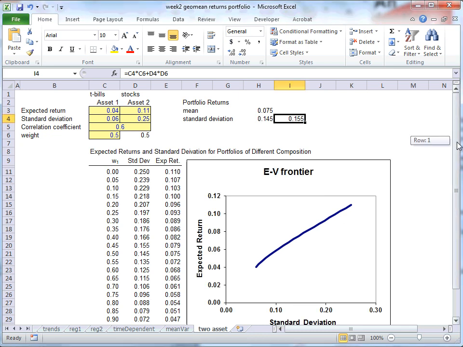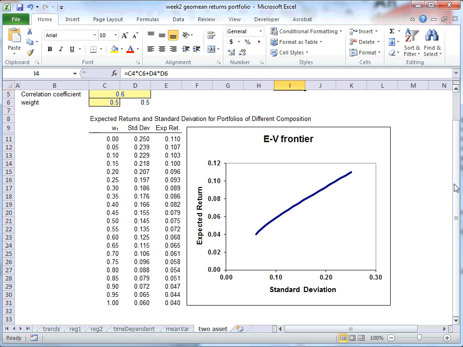I am now going to illustrate the calculation of this graph. Now note a couple of things here. Standard deviation is on the bottom axis, expected return is on the vertical axis. This is the usual way we list portfolios or trade-offs. Standard deviation on the bottom axis, expected returns on the vertical axis.